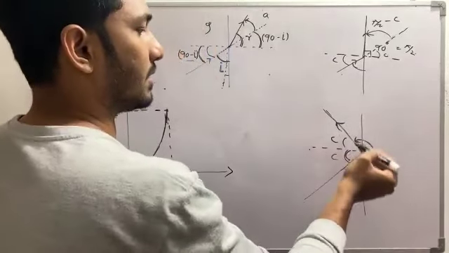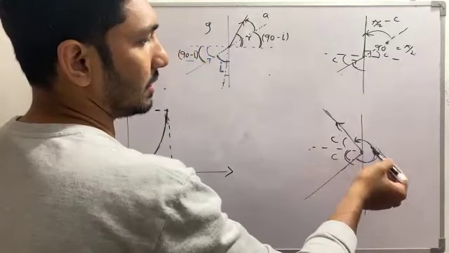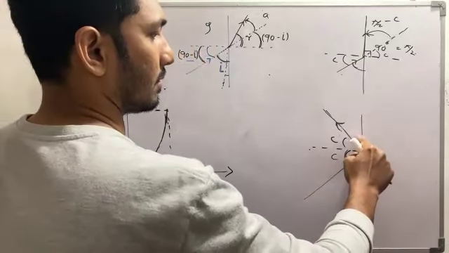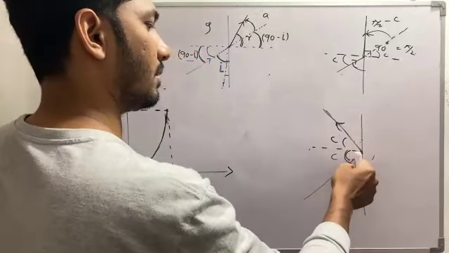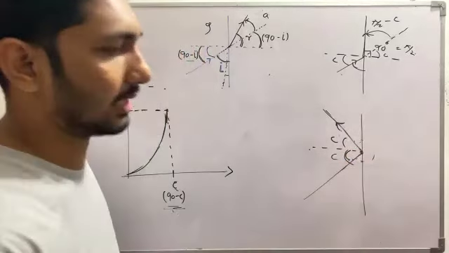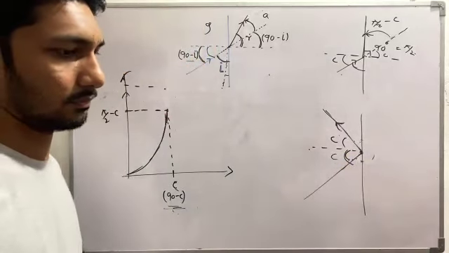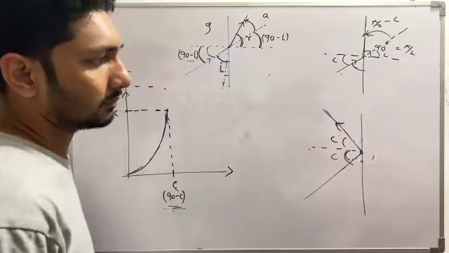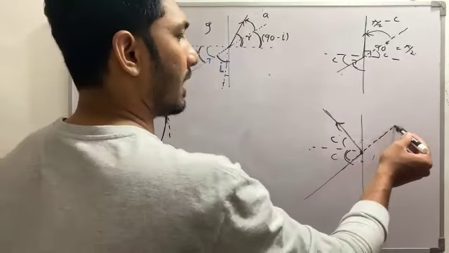So now this is also C. So the deviation angle will be, what is the deviation angle? It would have gone like this, no?